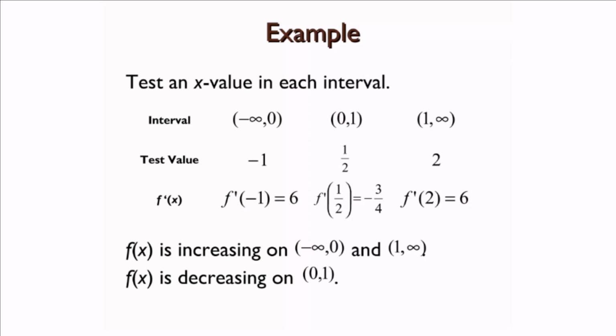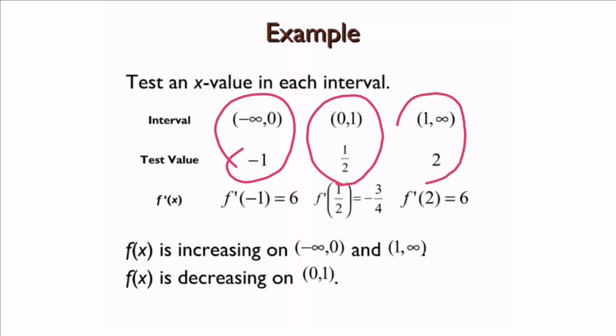Now, by choosing test point on these subintervals, minus 1 is a test point belong to first subinterval, 1 over 2 is a test point belong to second subinterval, and 2 is a test point belong to third subintervals.